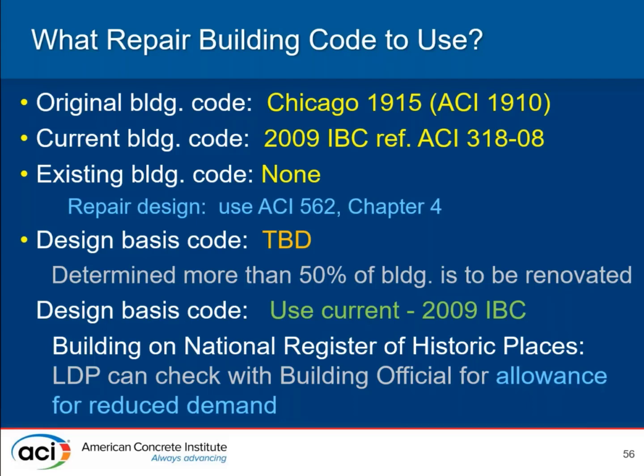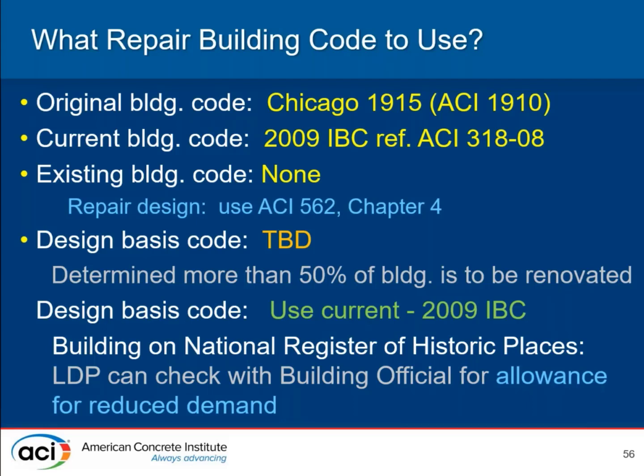And I'm assuming that's probably part of the 2009 IBC. But if somebody wants to correct me on that, I am quite willing to be corrected, because I'm just reading this off my script.